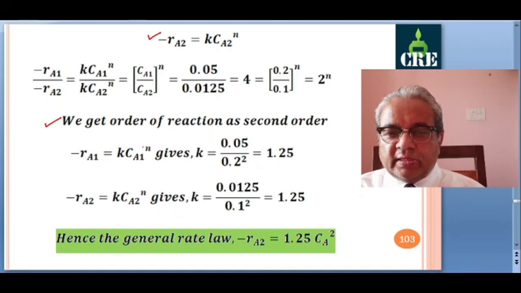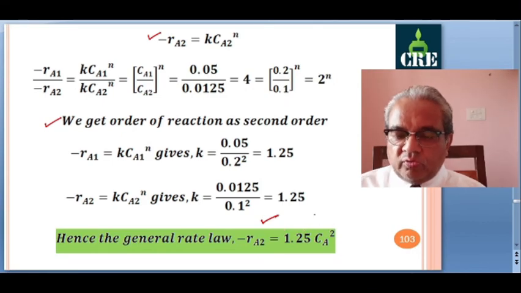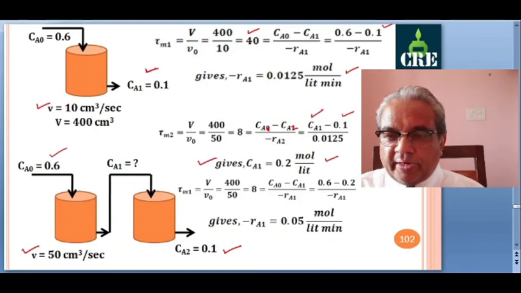Minus Ra1 is k Ca raised to n. So for minus Ra1 of 0.05, with Ca1 of 0.2, k is 1.25. For the second reactor, minus Ra2, this value, Ca2 exit from the second reactor 0.1 squared, and this is also 1.25. So the rate law is 1.25 into Ca squared.